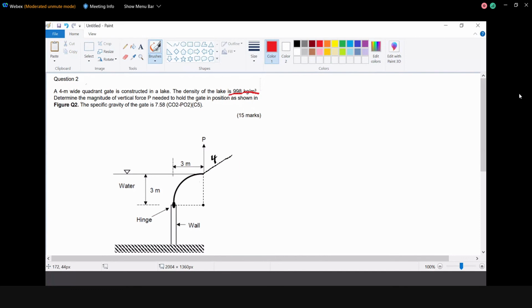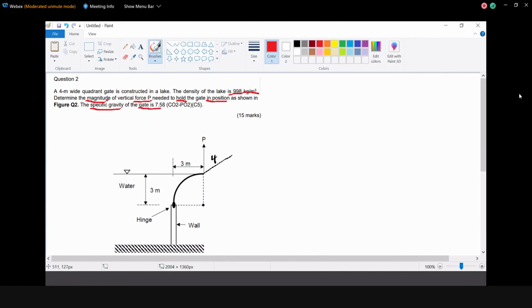And then we need to find the magnitude of the vertical force P. Okay, when it's like this it means they are asking for the moment. We should calculate the moment needed to hold the gate in its original position. You can see here it's given by the specific gravity of the gate.